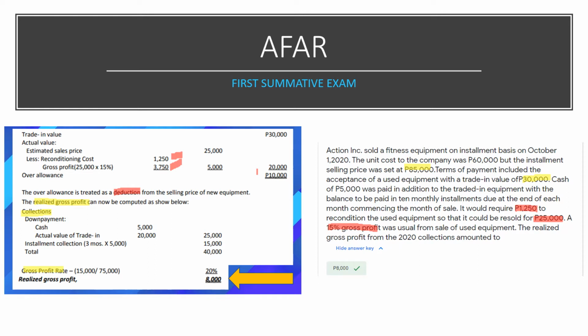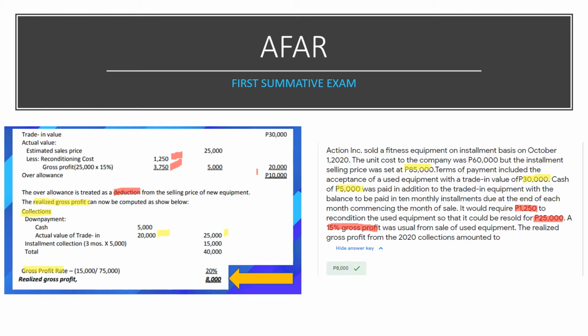The down payment we paid is 5,000, and of course, the actual value of our trade-in at 20,000. So, our down payment actually is 25,000. Okay? Our installment, how much is our installment? The selling price is 85,000. There is a trade-in value of 30,000, so we have 55,000. We also paid a cash down payment of 5,000. So, that means we have a balance of 50,000.